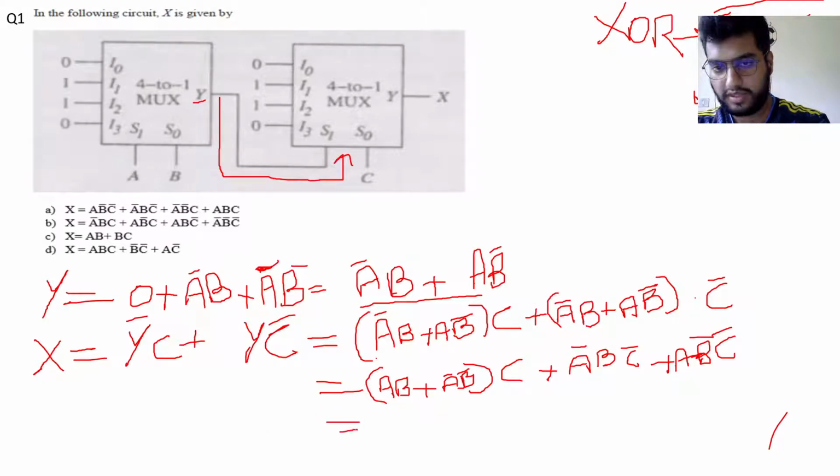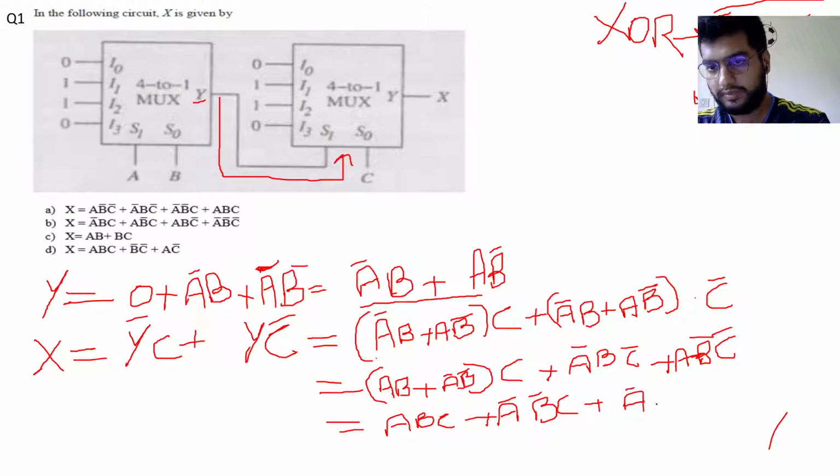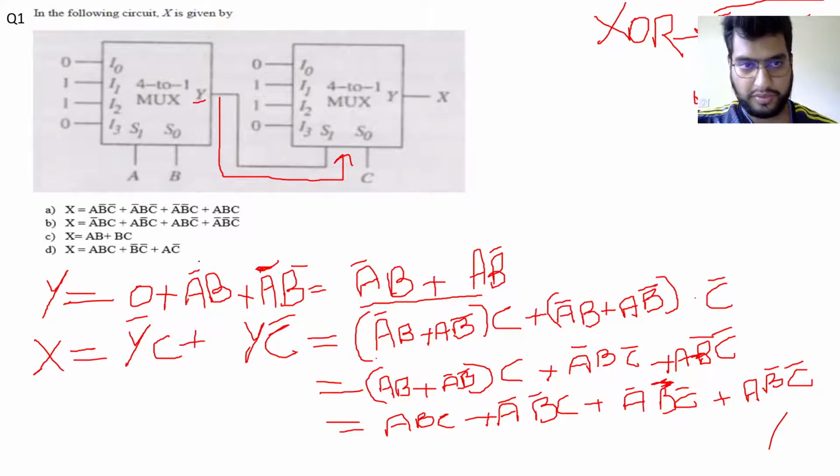Now multiplying the first term as well, this is ABC plus A bar B bar C plus these terms, A bar B C bar plus A B bar C bar. So if you look at this, this is option A: A B bar C bar this term, A bar B C bar this term, A bar B bar C this term, and ABC this term. So option A is the answer to this problem.